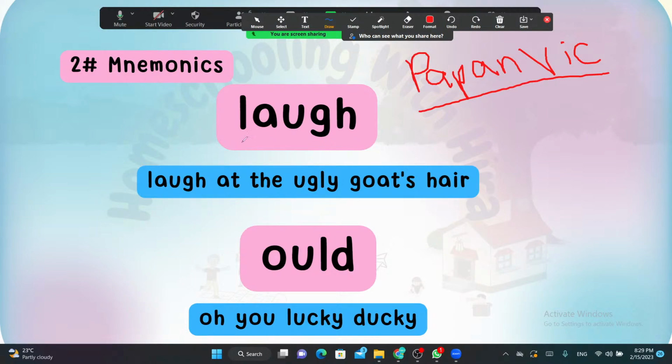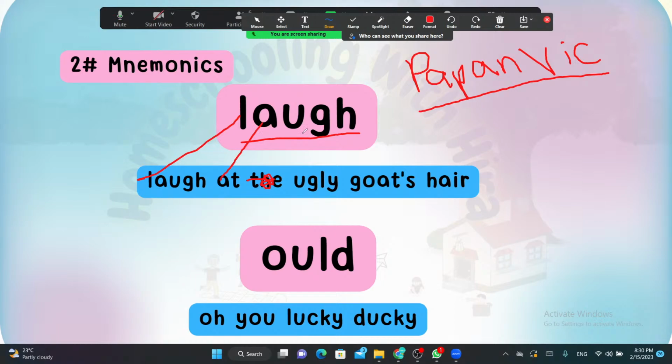Mnemonics for words like this: laugh. You can use the first letters and make a silly sentence. Laugh at ugly goat's hair. Laugh at ugly goat's hair.